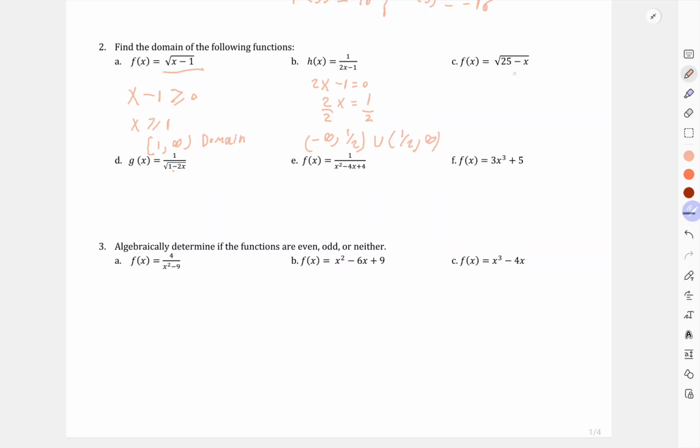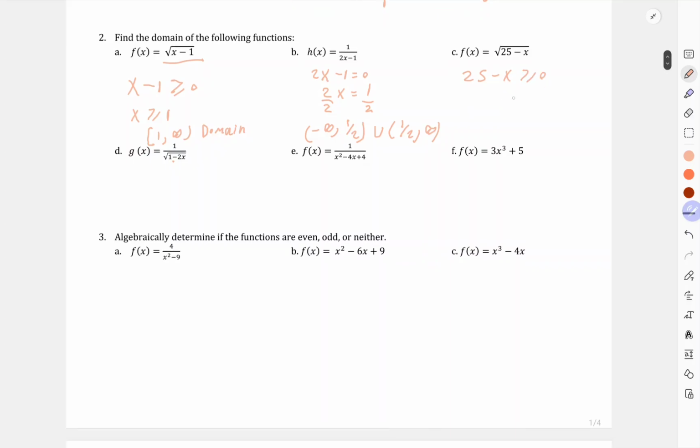All right, same thing for this one. You're going to do 25 minus x equal to 0, right? And what you do here is you bring 25 to the other side, so negative x greater or equal to negative 25. Now, when you divide by a negative number, in our case negative 1, it flips this sign.